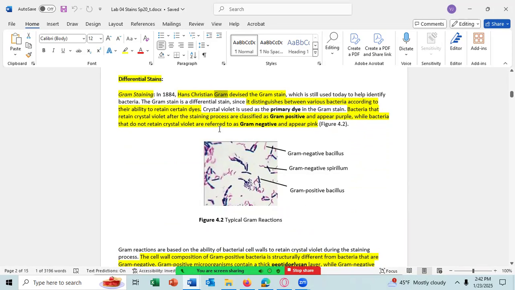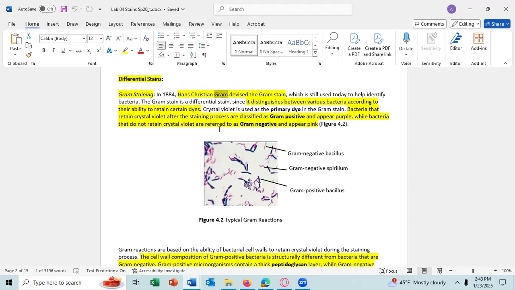He made this stain to be able to differentiate between a patient's cells and the cells of the bacteria that were causing the infection.